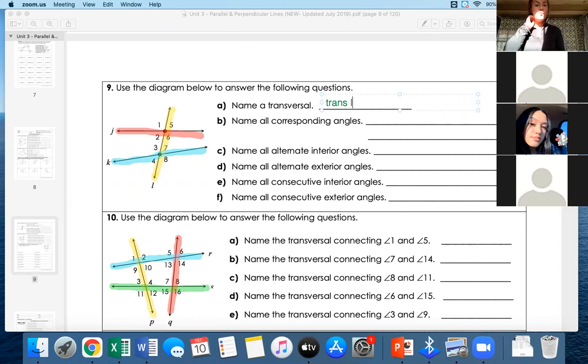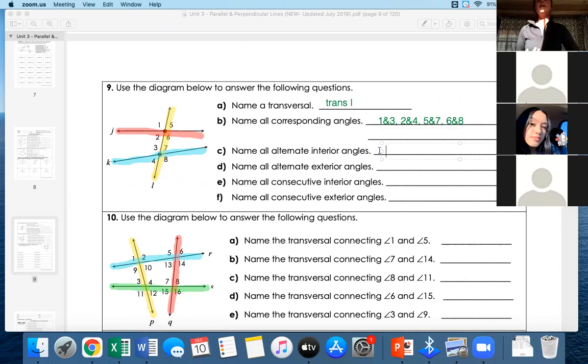One and three. Good job. 1 and 3 are what else? 1 and 3 is perfect. 2 and 4, awesome, love it. 5 and 7, beautiful. And 6 and 8, good job.